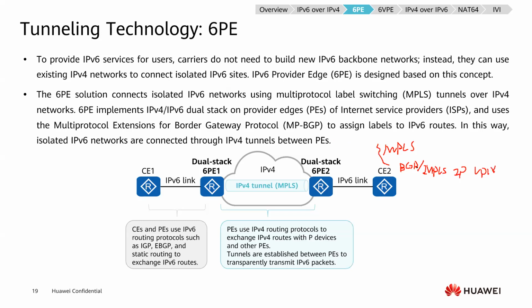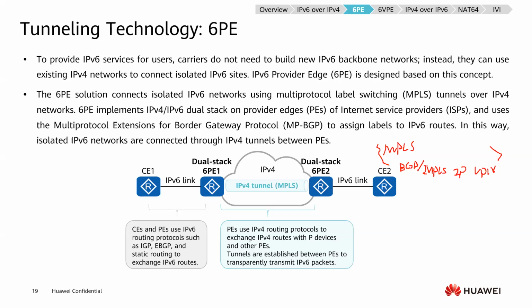We will establish these two technologies to transport the service traffic, right? So 6PE and 6VPE are based on these two technologies, overlaying these two technologies to transport the IPv6 packet.